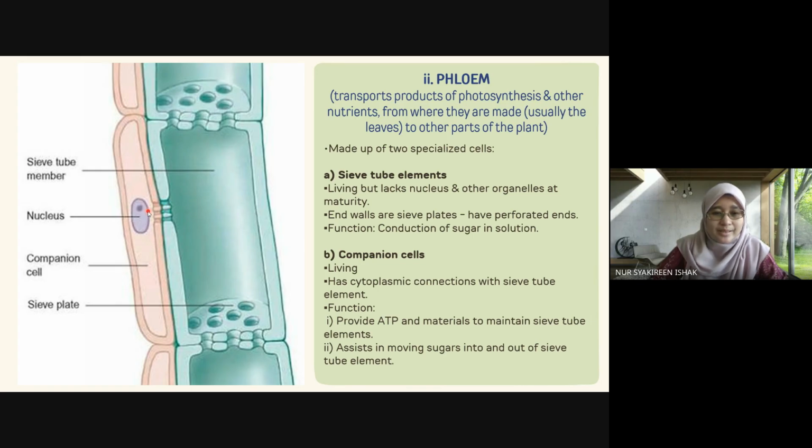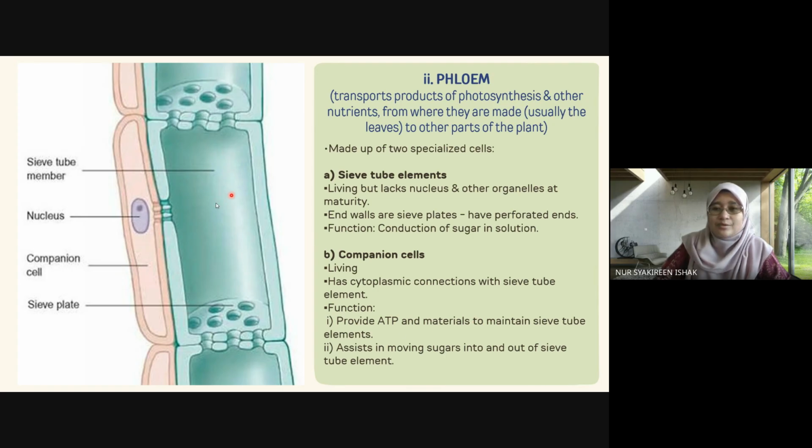The cytoplasmic connections here are the plasmodesmata. The companion cells have all the organelles, so they are capable of carrying out cellular respiration to generate energy in the form of ATP, and provide ATP and materials to maintain the sieve tube elements.